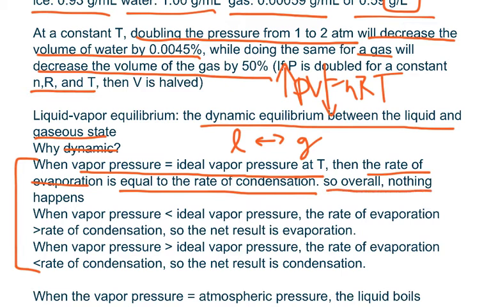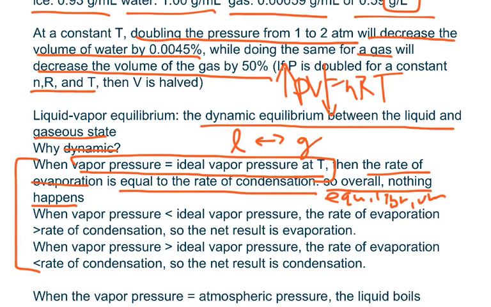So, overall, nothing happens, which is why when the vapor pressure of a liquid is equal to the ideal vapor pressure it wants at that temperature, then it's considered to be at equilibrium. And let me spell that out, equilibrium. So at equilibrium, the forward and backward reactions of this reaction are equal, so they cancel out and nothing happens overall.